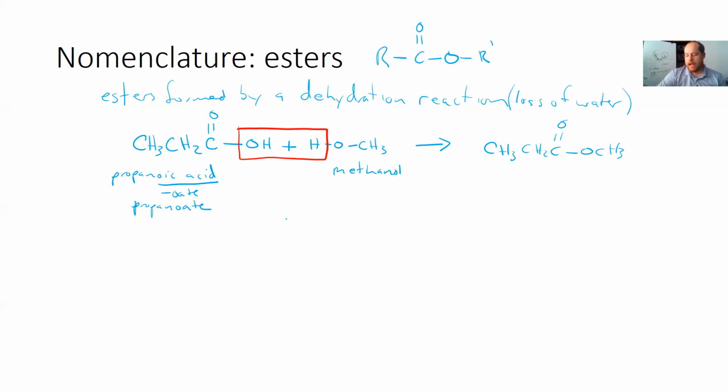Then you'd go over to this other piece and say, that methanol is coming from a methyl. And you'd put these two things together to form the name of it, which would be methyl propanoate.